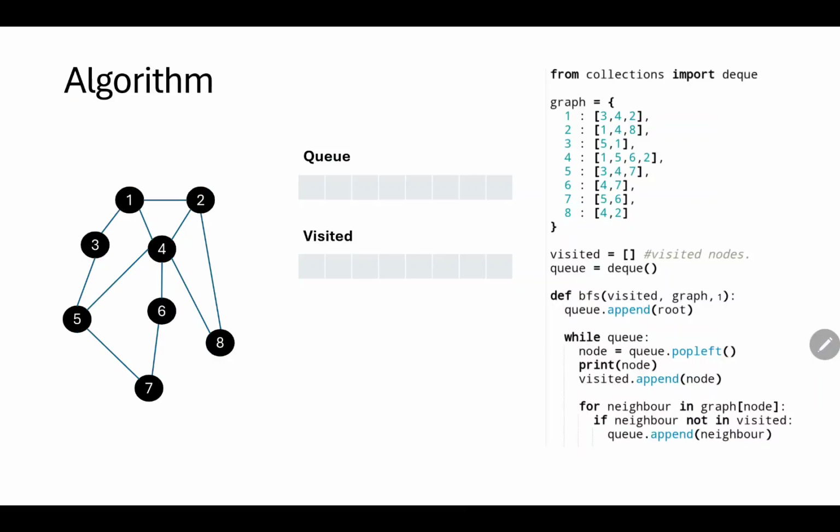Here we are using the deque class in the Python library. It's a double-ended queue, which means you can retrieve either from the front or from the back. But in breadth-first search, we're going to be retrieving from the front with the function popleft, as seen in the while loop.